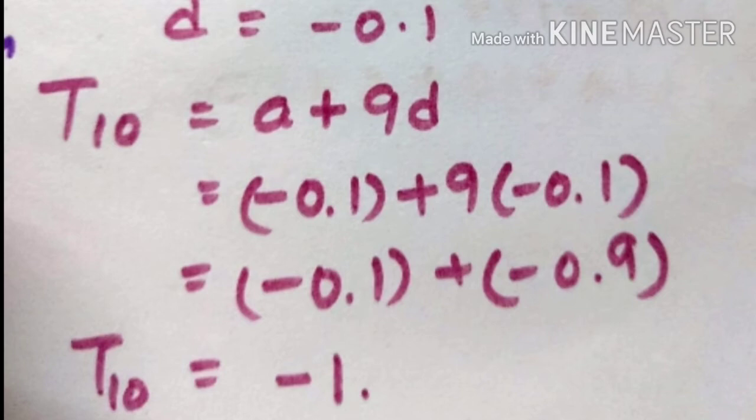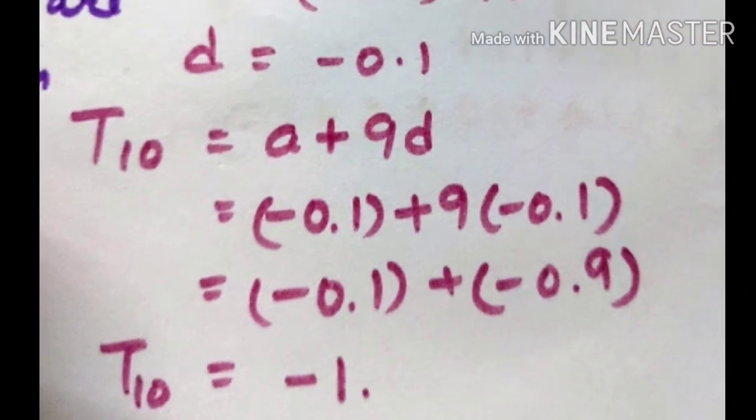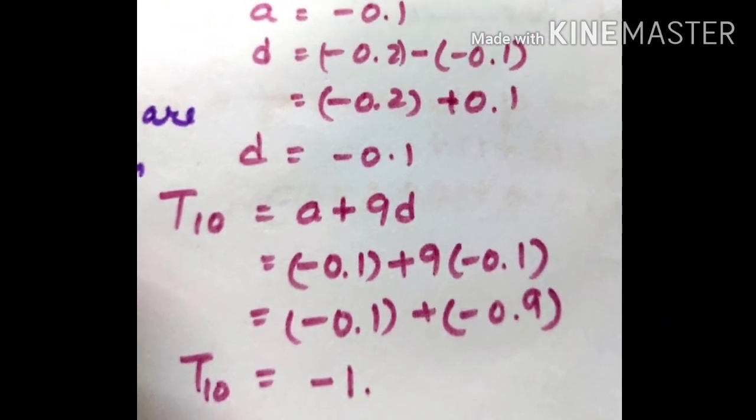First multiply 9 into minus 0.1, that is minus 0.9, and then add minus 0.1 and minus 0.9. So I get minus 1. This is our 10th term of the AP. Now let us continue with the next question.